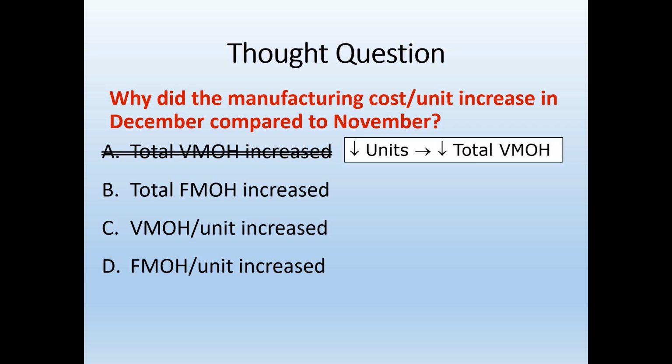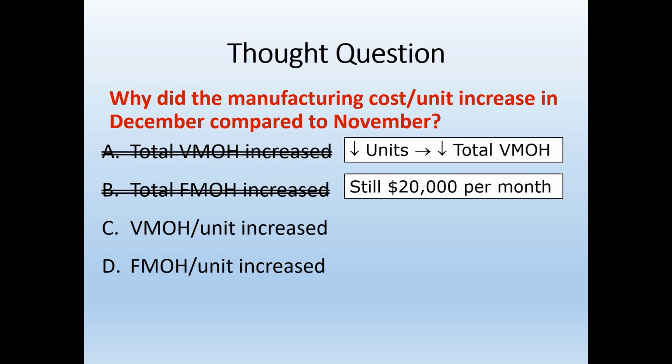Answer A can't be right. Total variable manufacturing overhead can't increase in December. In fact, it should decrease because the total number of units made decreased. Answer B can't be right either, because total fixed manufacturing overhead is still $20,000 a month.